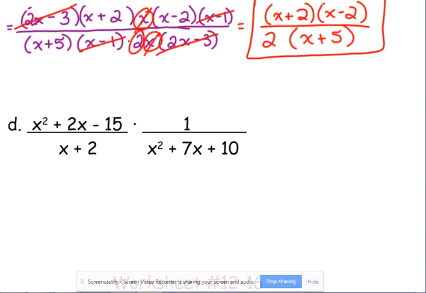Let's do one more here. X squared plus 2x minus 15 over x plus 2 times 1 over x squared plus 7x plus 10.